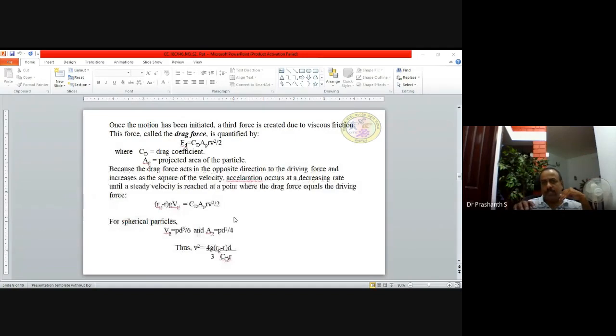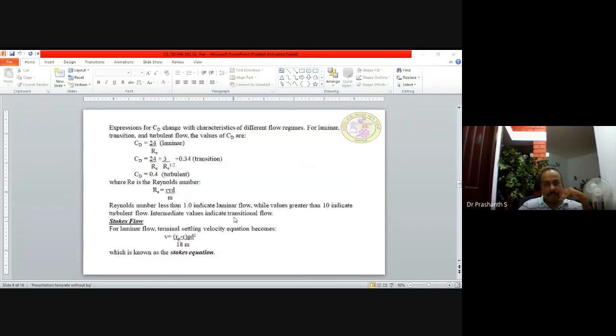When the motion is initiated, another force comes into the picture, which is called the drag force or the resistance force due to the water, where C_d is the drag coefficient and Ap is the projected area of the particle. The drag force must be equal to the force causing the acceleration. So we equate these two, and after doing the calculation, we finally reach the equation v = (ρp − ρ) g d² / 18μ, which is known as the Stokes equation.